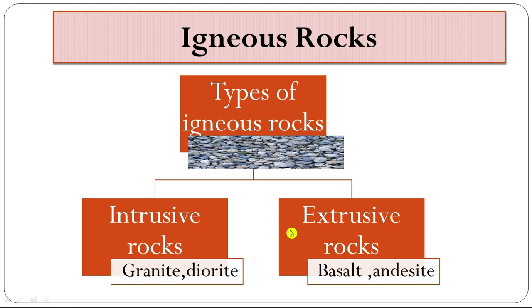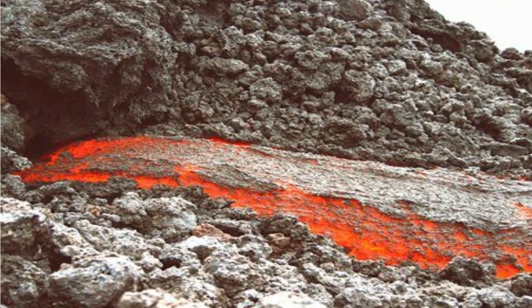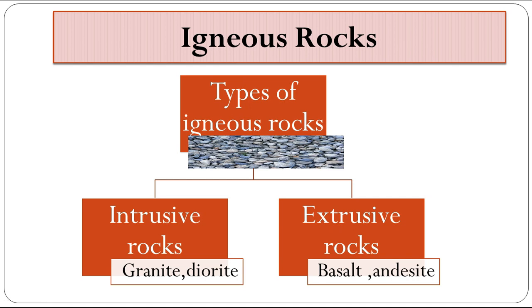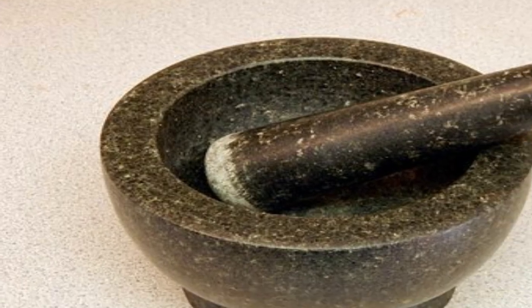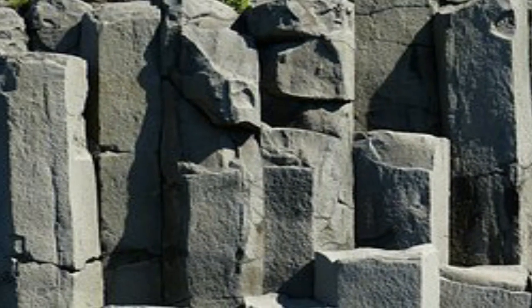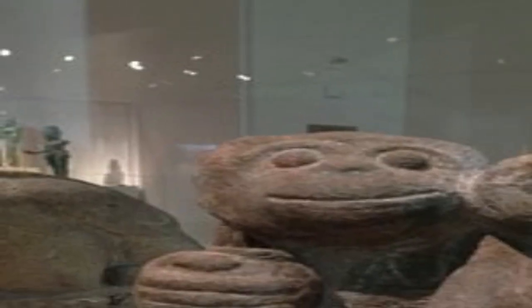And when the lava cools down on the surface of the earth, and whatever rocks are made with that, such rocks are called extrusive igneous rocks. Some examples of intrusive igneous rocks are granite and diorite. And some examples of extrusive igneous rocks are basalt and andesite.